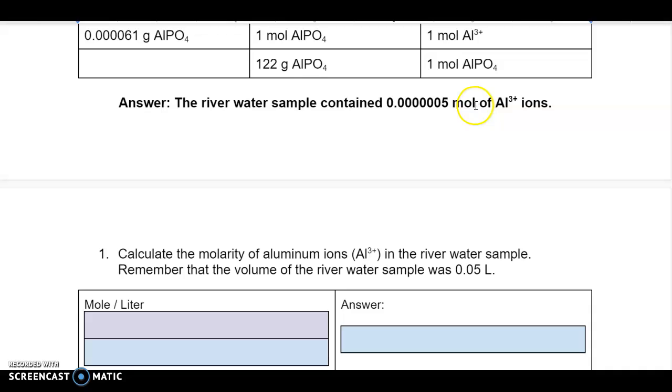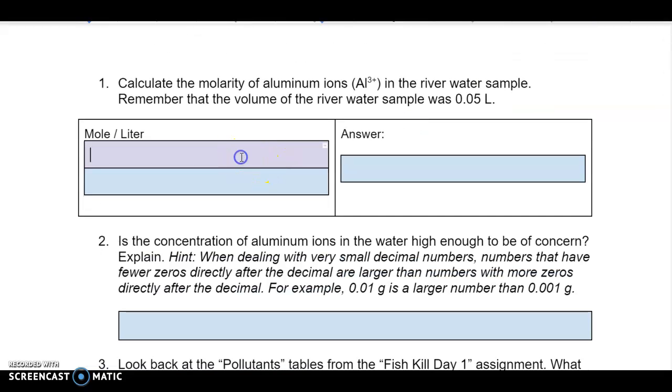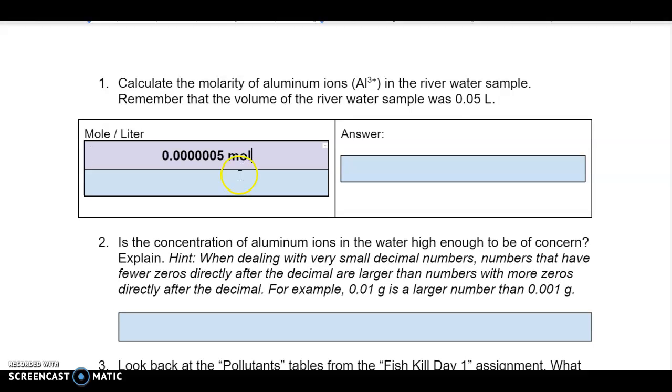So you're going to take your given moles, you can copy your given moles, and paste it. That's for 0.05 liters of solution. So then take your answer. Make sure you have the correct amount of zeros: 1, 2, 3, 4, 5, 6 zeros and a 5 after.